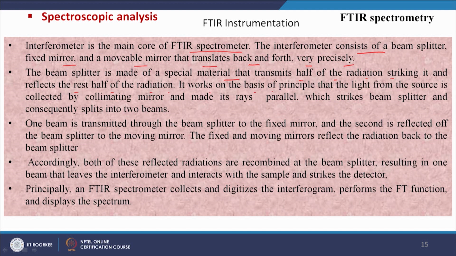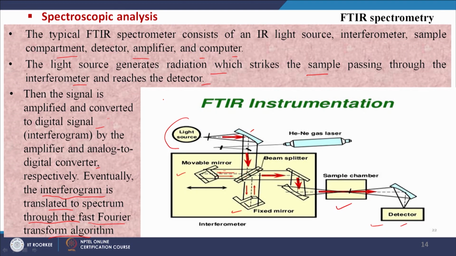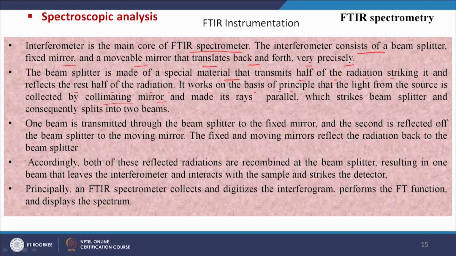It works on the principle that the light from the source is collected by a collimating mirror, just like the collimating mirror we have discussed, and made parallel, which strikes the beam splitter and consequently splits into two beams. So, this is the mechanism.